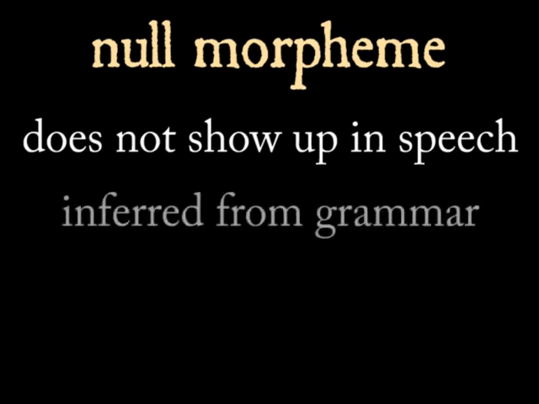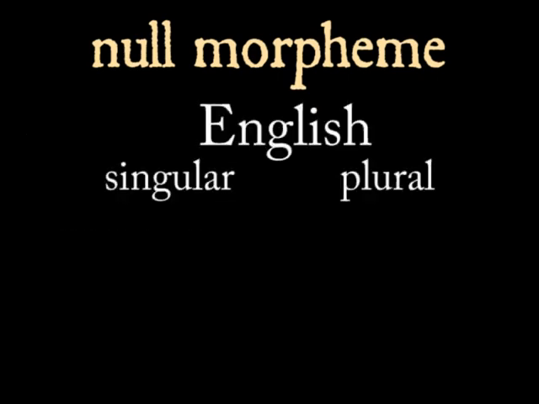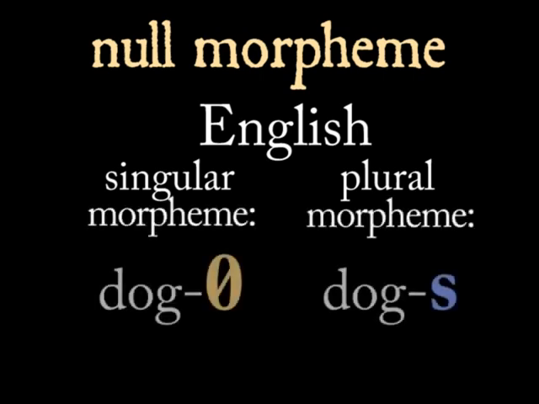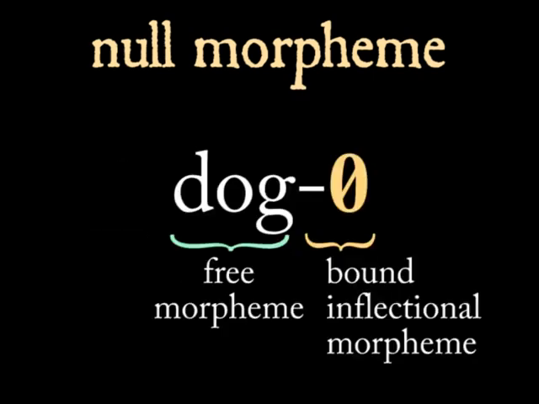We can argue for its existence based on the grammar of a language. So knowing that English speakers differentiate between singular and plural, it could be argued that dog actually carries a zero morpheme. So these two morphemes, the free morpheme dog and the bound zero morpheme, allow us to identify the category singular noun. It's one dog and not multiple dogs.